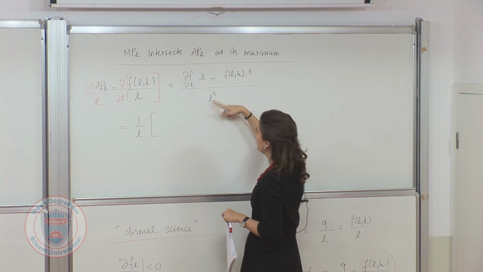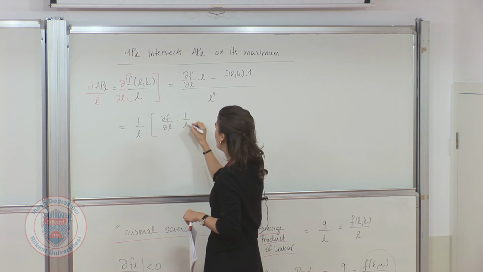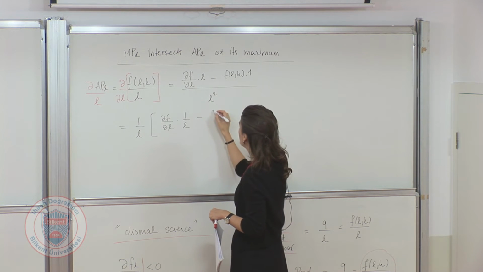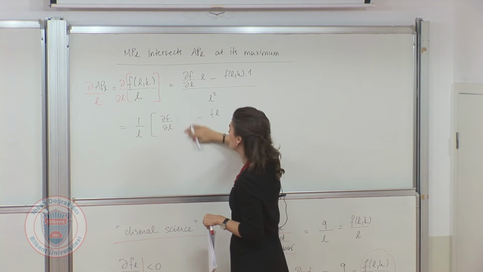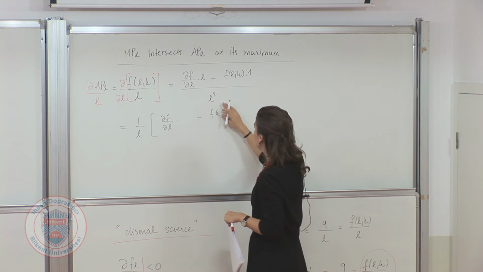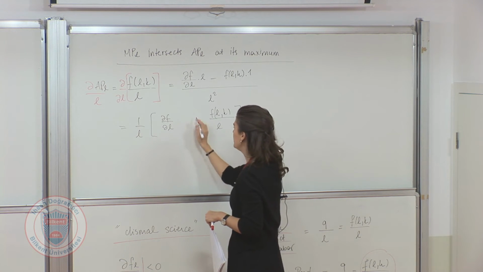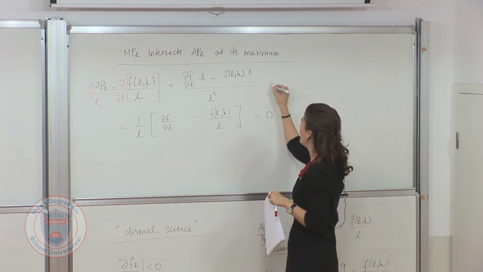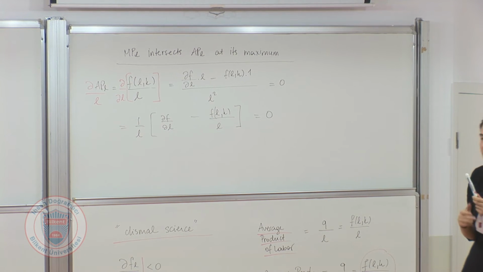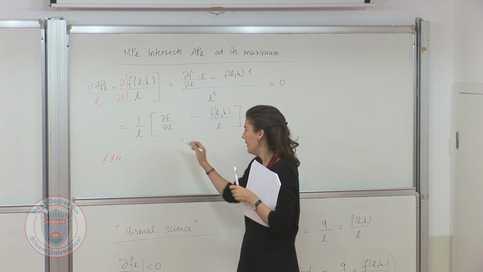Then I take this into 1 over L, so this and that would go away. So I would have del F over del L times 1 over L, and then F of L, k divided by L squared, so that becomes F of L, k divided by L. If I want to find the maximum, I should take the derivative and set it equal to 0. Of course, given that L is not equal to 0, what is this guy?